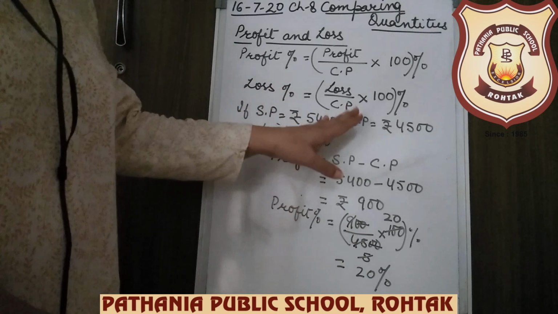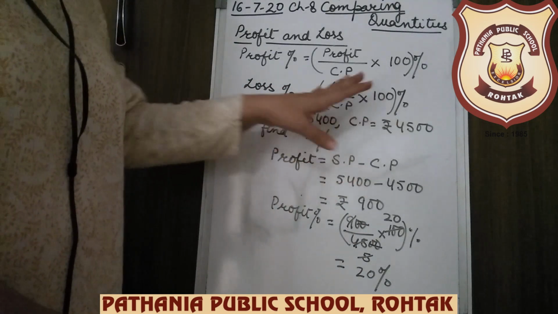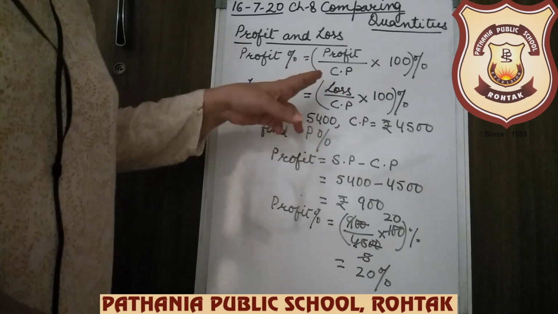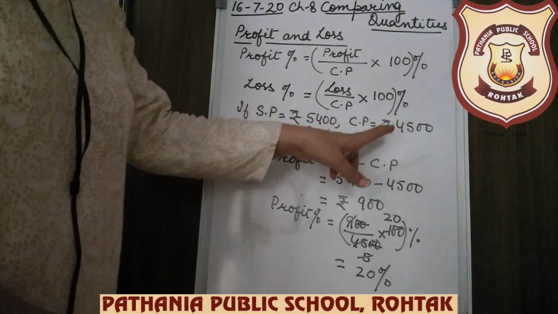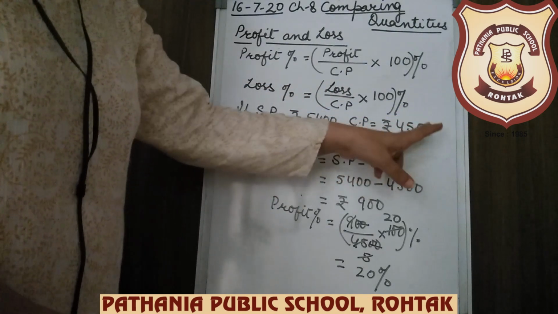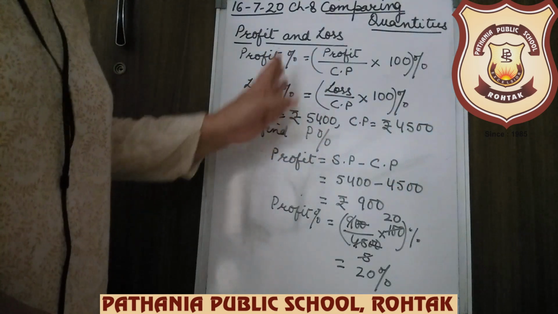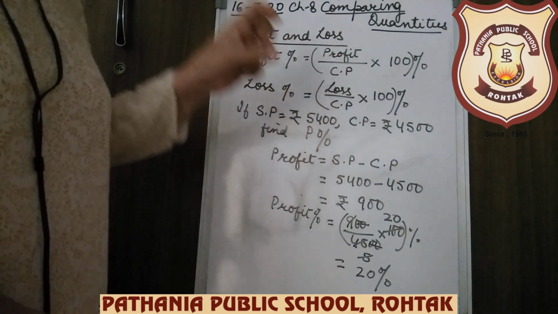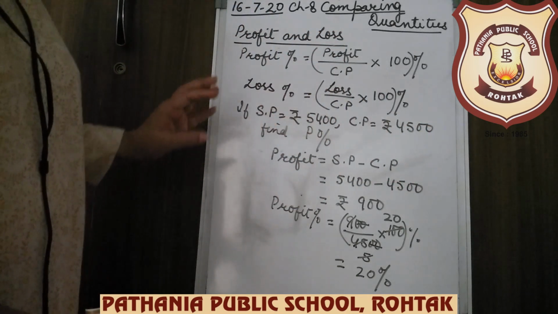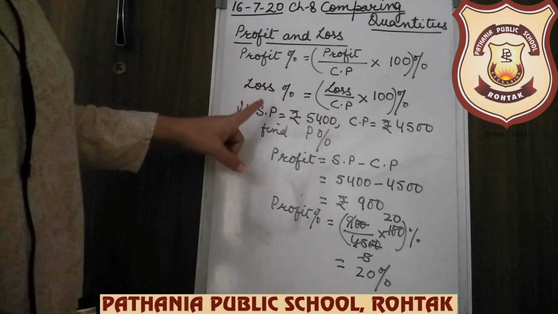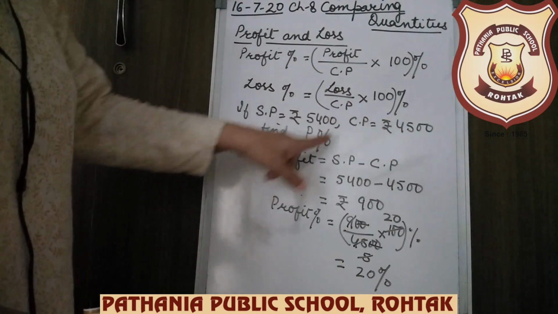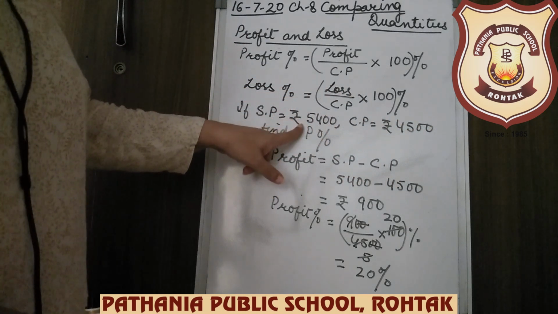So the shopkeeper has gained how much percent? 20% by selling the article at rupees 5400. By selling the article which costed him rupees 4500 for 5400. Understand the language, what I am saying. So he has sold the article costing rupees 4500 at a price of 5400.